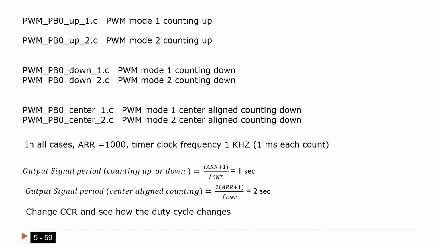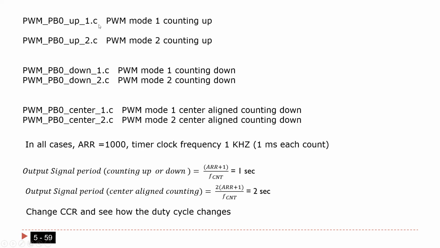So I don't need to explain the program. Everything here is similar to what I explained before. Based on that, I generated several programs. All of them are the same, I just made small changes. For example, you have this one where we are counting up and using mode 1, and here I used mode 2.